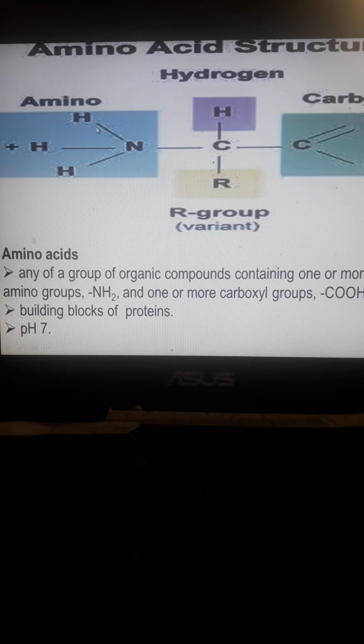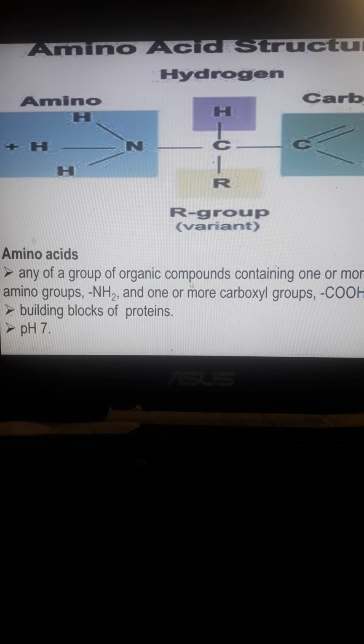For amino acids, this is the general structure. We have the amino group, the positively charged NH3, and the carboxyl group, COO. The amino group can be NH2 with two hydrogens and the carboxyl can be COOH, so they can be interchanged. R stands for the variant, or the side chain. Usually in determining the structure of amino acids, it depends upon the side chain of the variant.